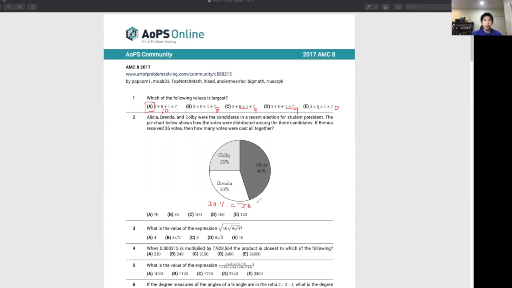The easiest way to find 100% of the votes will be to first figure out what 1% of the votes is. And we'll divide both sides by 30 here.